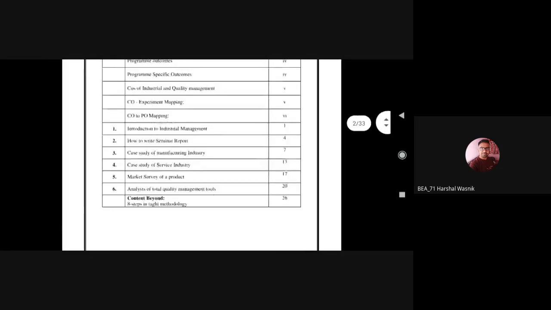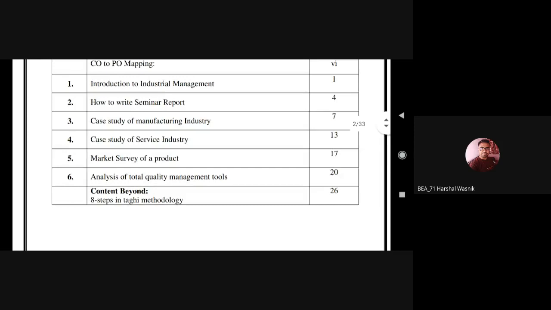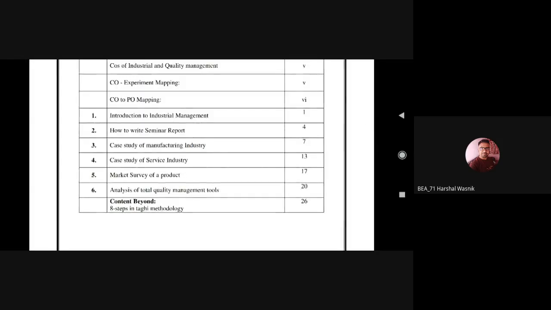Content beyond syllabus: the 8 steps in Taguchi methodology. That tool also.